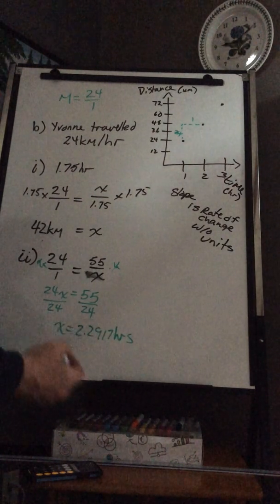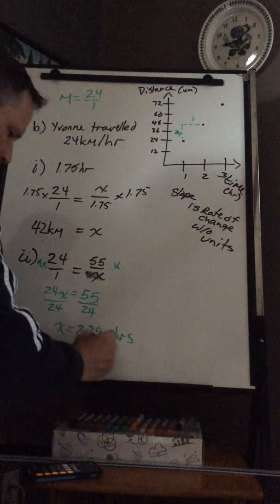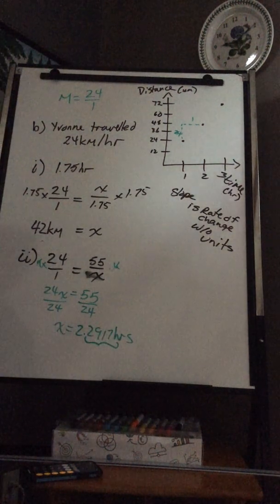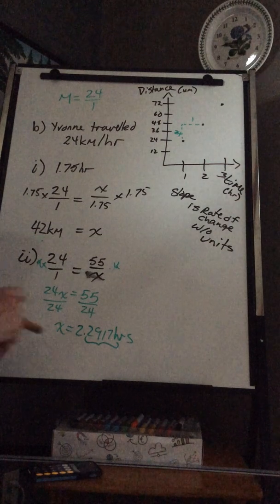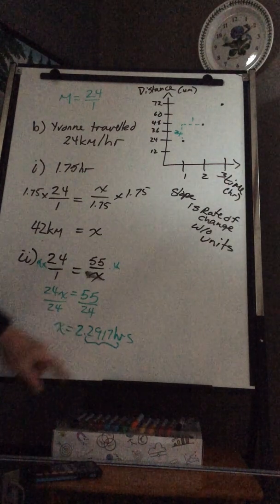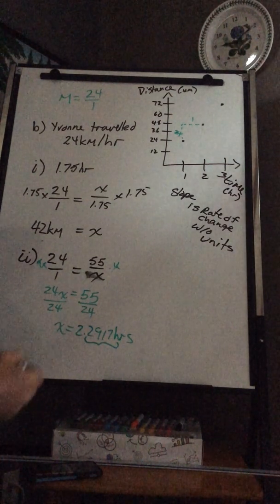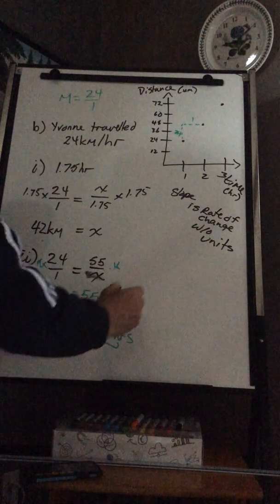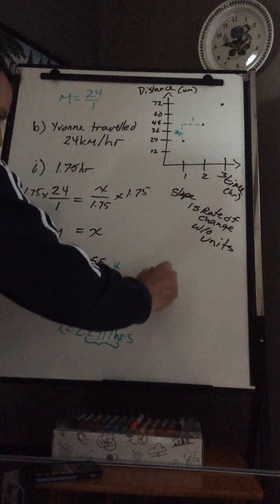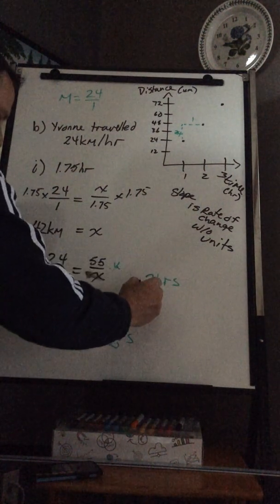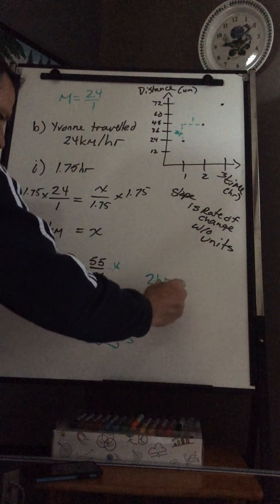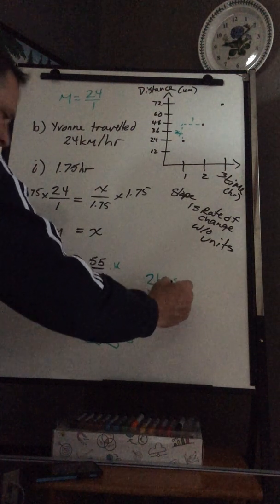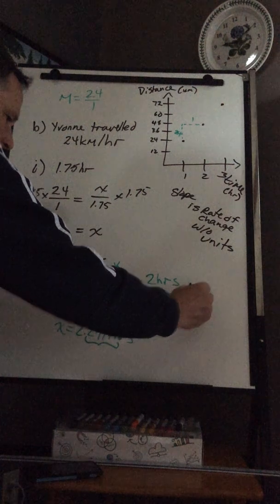Now, going back to old school of when we were doing unit conversions, we're going to take the decimal part, 0.2917, and convert that to minutes. So I have 2 hours and 0.2917 times 60 minutes.